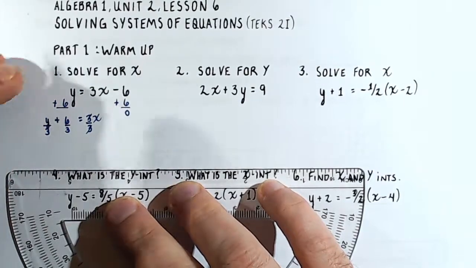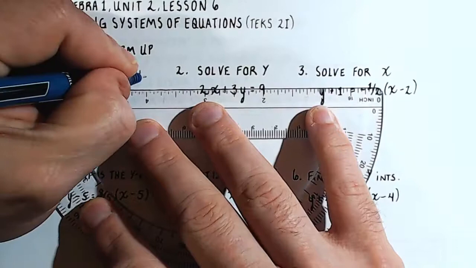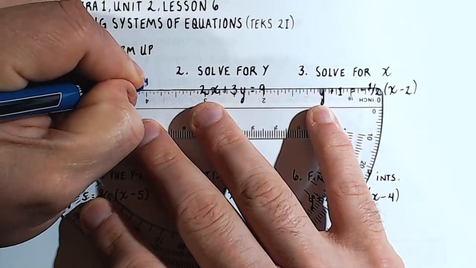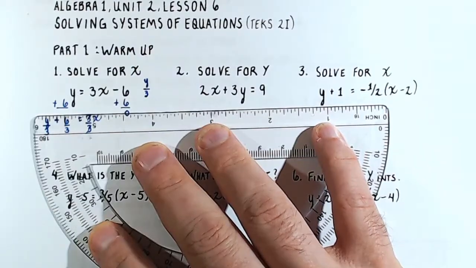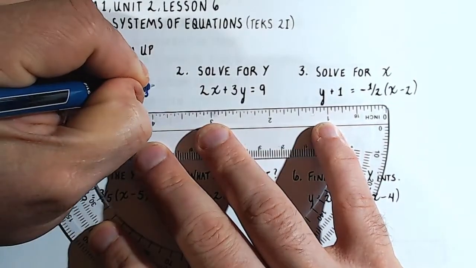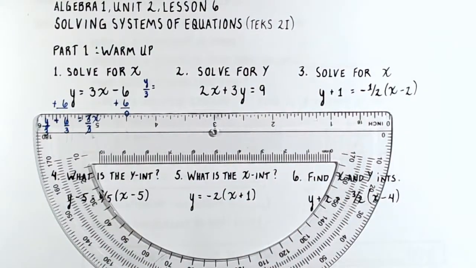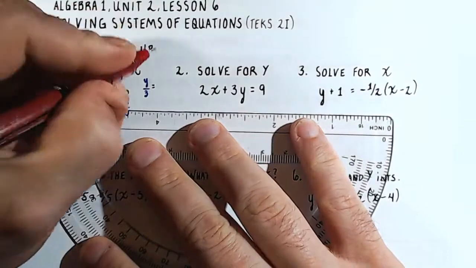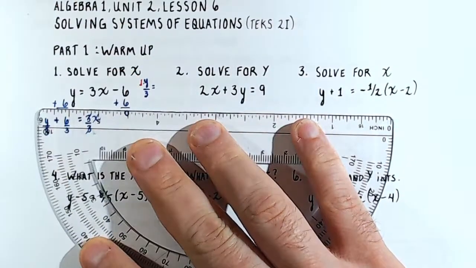Well, a little bit of side work here. y over 3 equals 1/3 y. There's actually a 1 multiplied by that y.